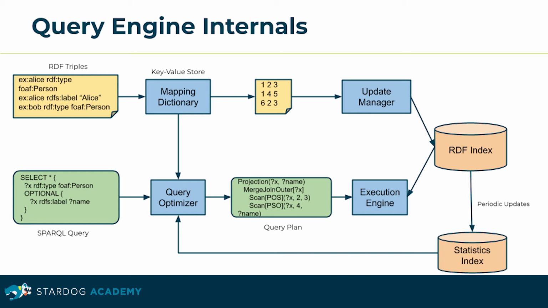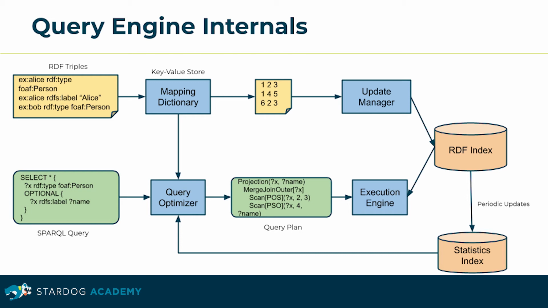And once the triples are loaded in, a mapping dictionary of a key value store will map the URIs to values. And an update manager will see the updates or these new triples being added to create the various indexes that we have seen, such as subject, predicate, object, context, and so on. These indexes will then be periodically updated and have statistics on the various patterns and profiles within them.